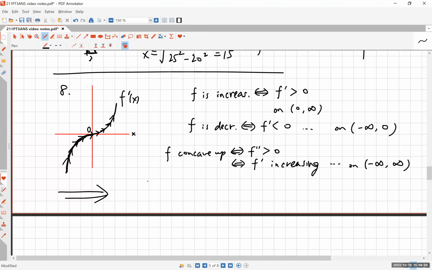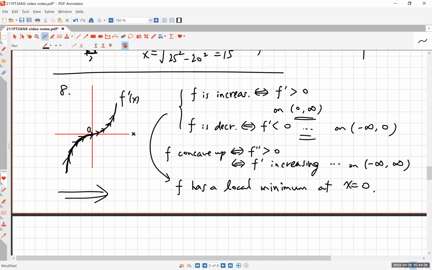By the way, we can answer other questions here. If f is increasing on the positive side and decreasing on the negative side, together they will tell you that f has a local what? Maximum? No, local minimum at x equal to 0.